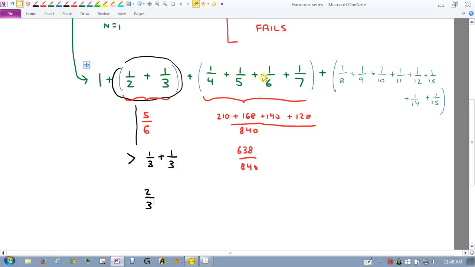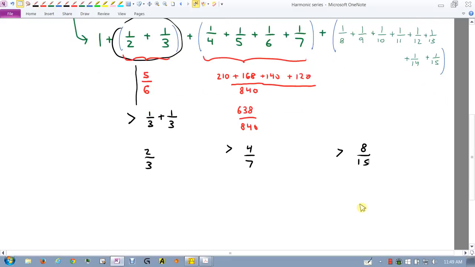Bigger. These are all bigger than 1/7, aren't they? So to have 4 of these would be bigger than having 4 1/7s. So would you agree that this over here is bigger than 4/7? Yes? The next one would be bigger than having what? 8/15. Yes? You following this pattern a little bit?